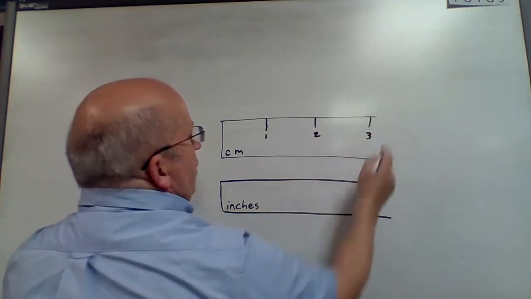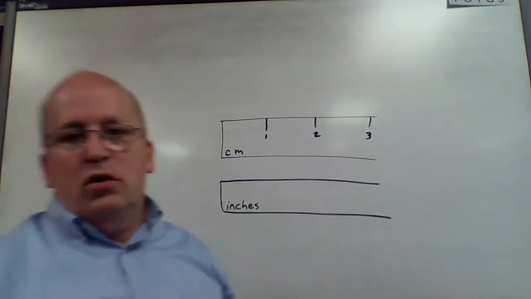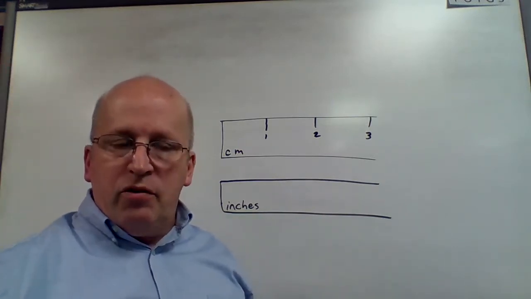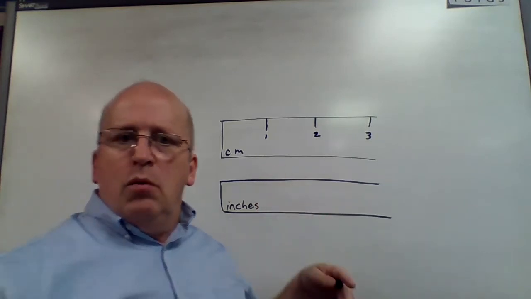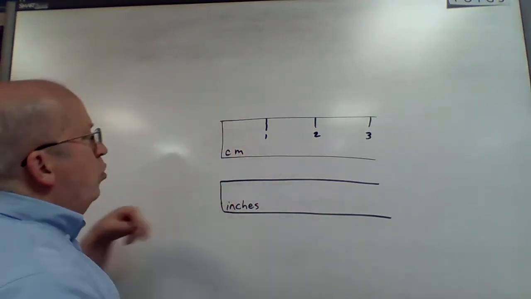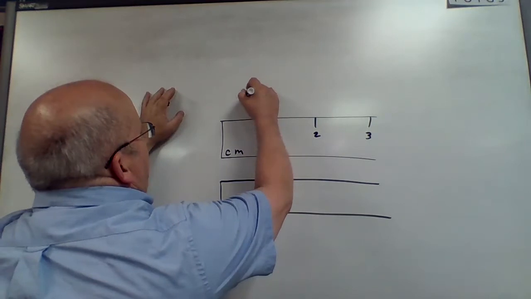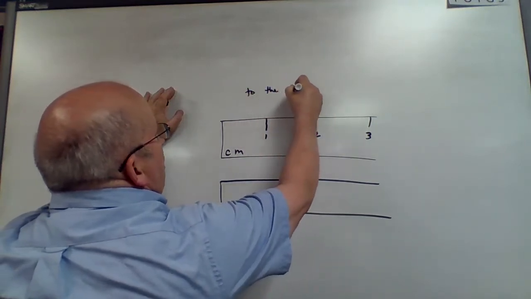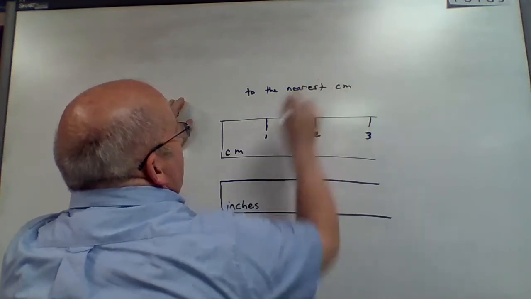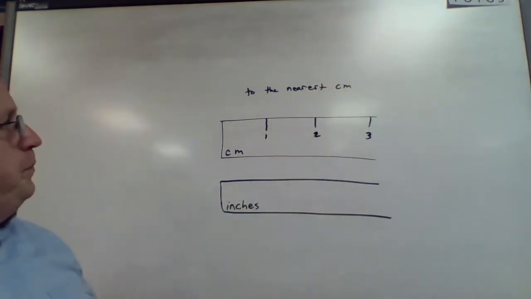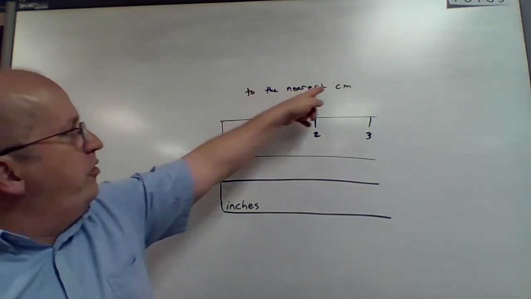And I've created a ruler. Let's imagine that this ruler is measuring centimeters, and somebody says to you, well, how precise is that ruler? And what I would say is that this ruler right now is precise to the nearest centimeter.